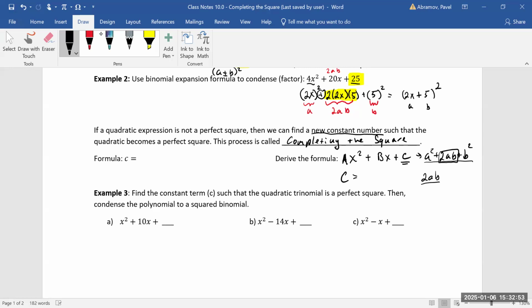So we'll divide both sides by 2a. So it becomes b, and then we'll have to square it, make it b squared. So therefore, our c term will be in the form b divided by 2a, squared.